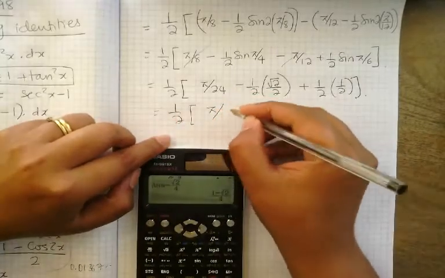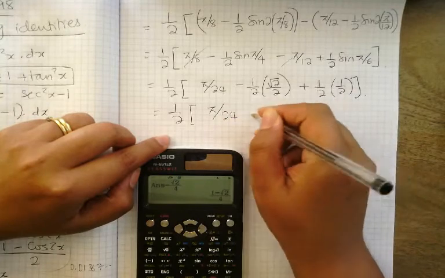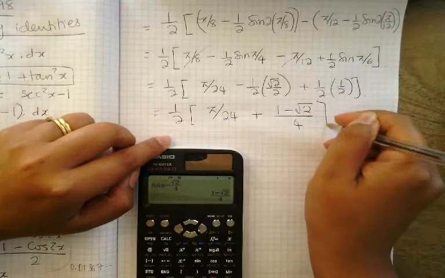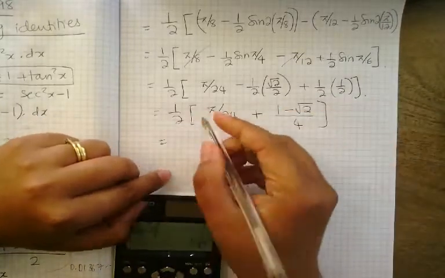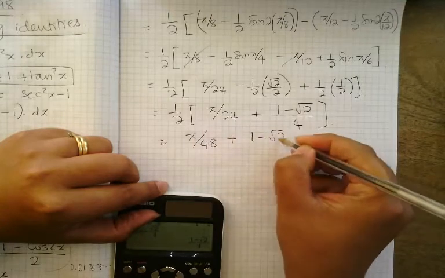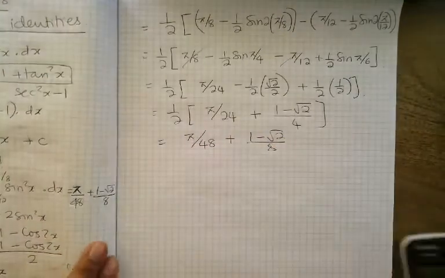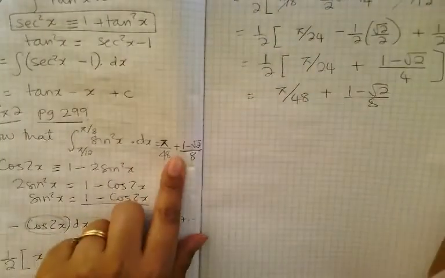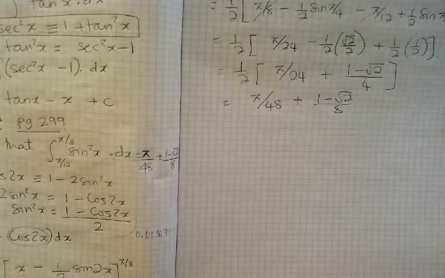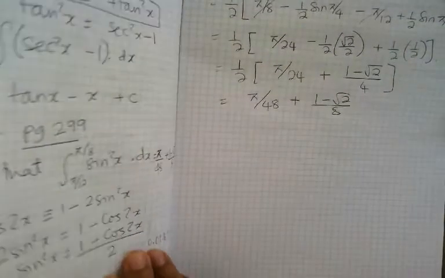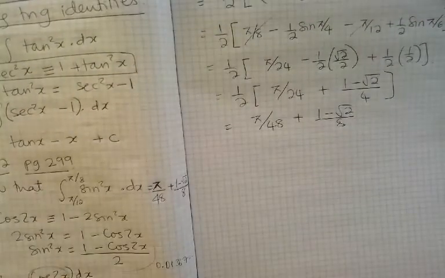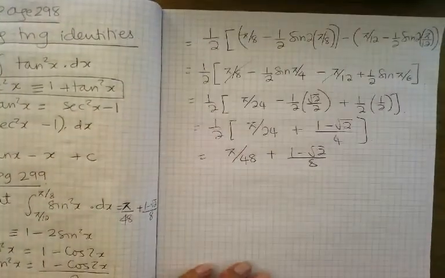So this gives me pi by 24 plus 1 minus root 2 over 4. And then if I multiply everything by a half, I get pi by 48 plus 1 minus root 2 over 8, and that was what they wanted me to show. Now I've just got 2 more examples for this, and I'm going to continue that in the next video.